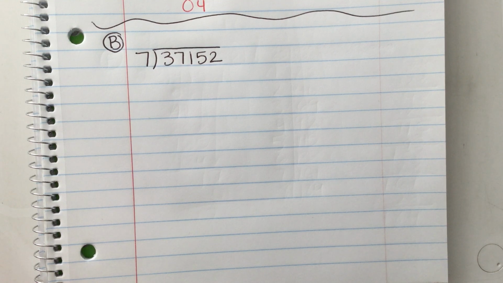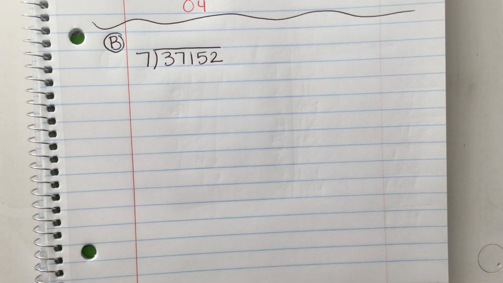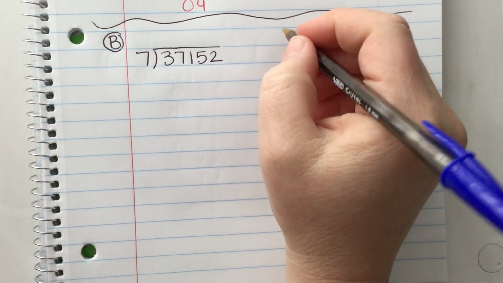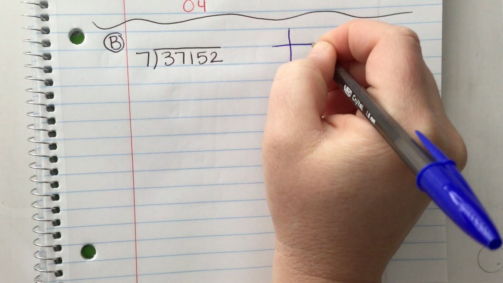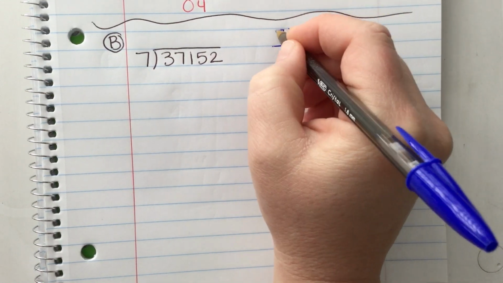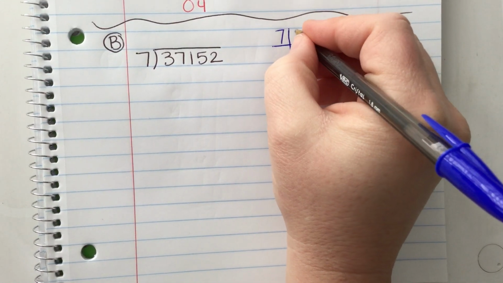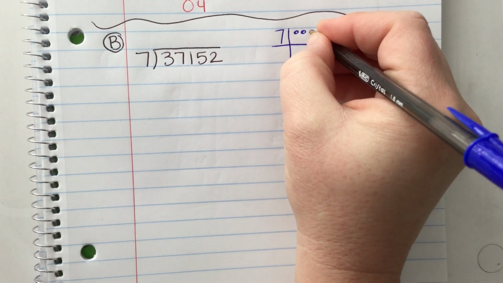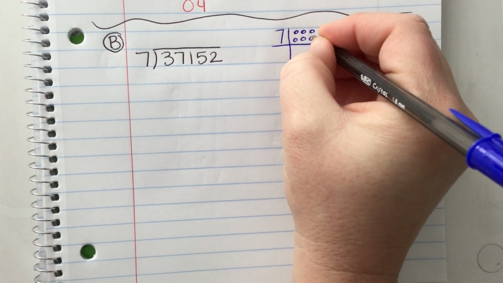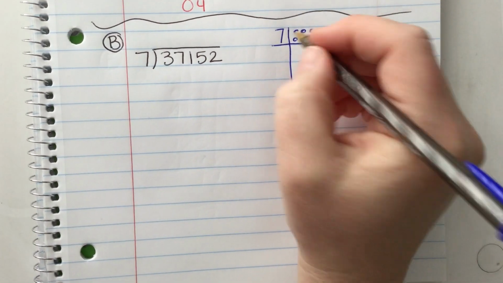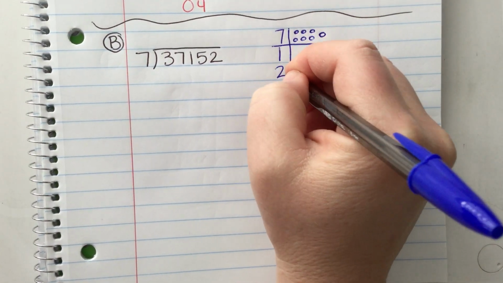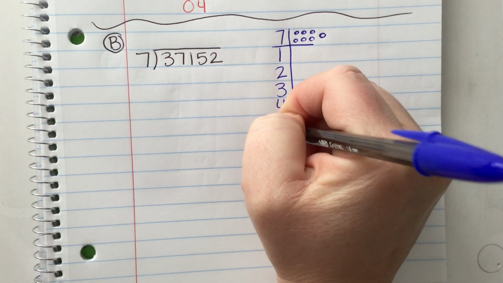Now again, my first step that I always do is give myself the helpful numbers by listing my multiples. And you can still draw the dots. 1, 2, 3, 4, 5, 6, 7. Some people find the dots helpful, some people know their multiples.